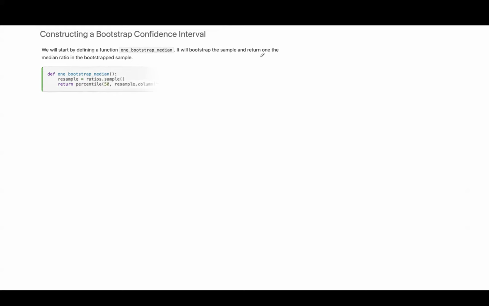Let us construct a bootstrap confidence interval. We'll start by defining a function that we call one_bootstrap_median. What does it do? It bootstraps the sample and returns the median ratio in the bootstrap sample. Let's define our function: resample the ratios of the sample, and return the median.